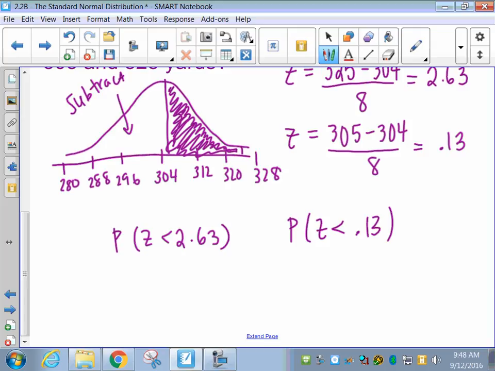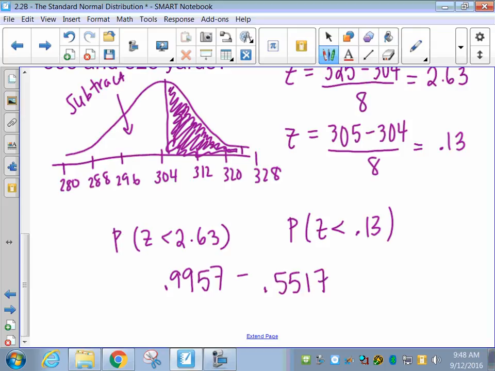Okay, so somebody different, give me 2.63. Someone who hasn't participated yet, make sure you're using your table right. And somebody else, 0.13. All positives, because all of these are above the mean. They're all positive. CC, did you get one? Okay. And Taylor? Nice.